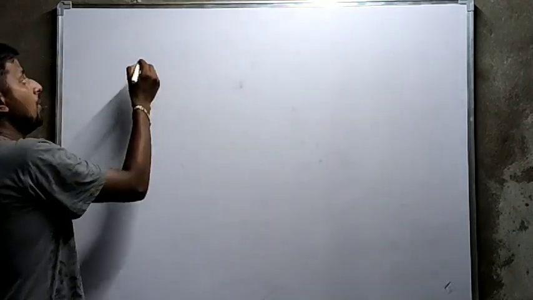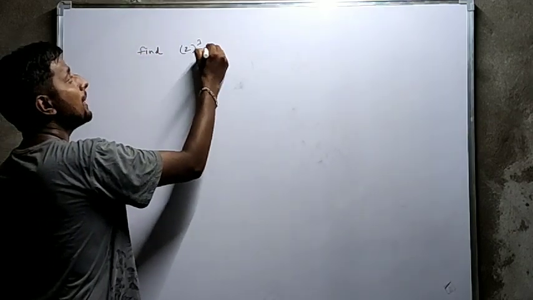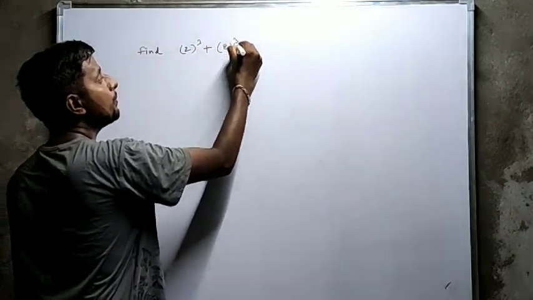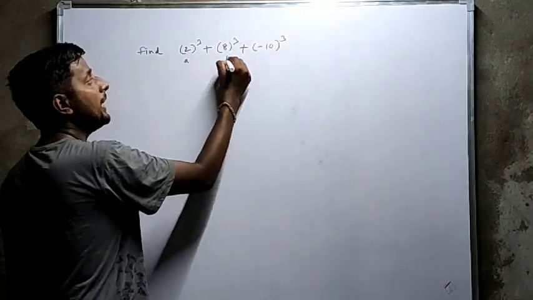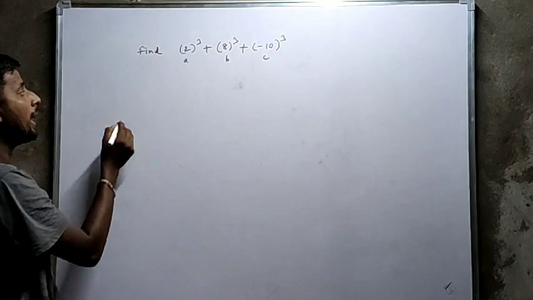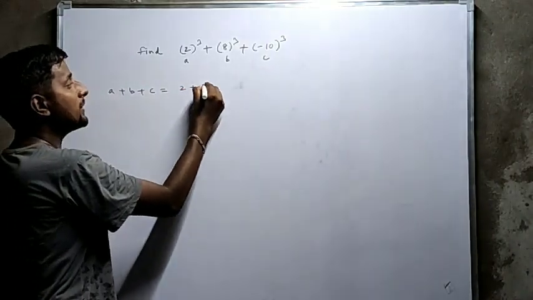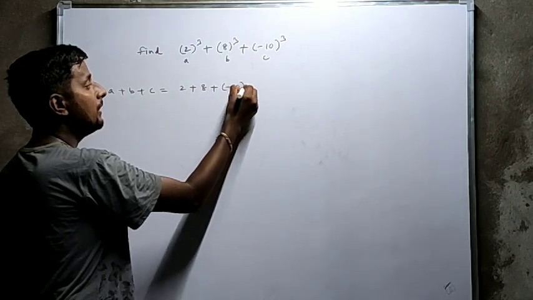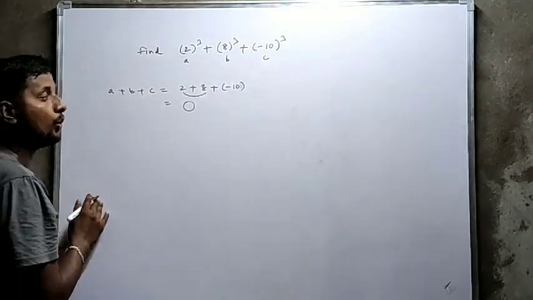Find 2 cube plus 8 cube plus minus 10 cube. Just imagine it is a, it is b, it is c. Now what happened? a plus b plus c is equal to 2 plus 8 plus minus 10. 2 plus 8 is 10, minus 10, the overall answer is 0.